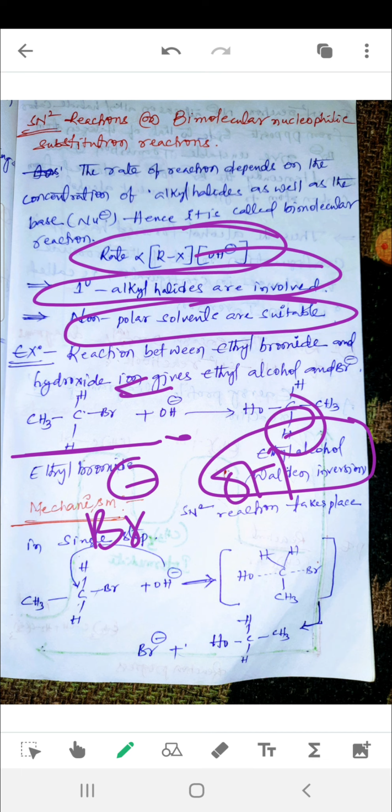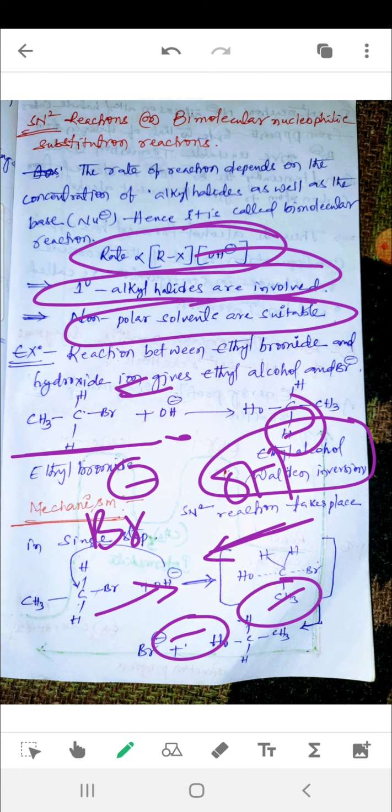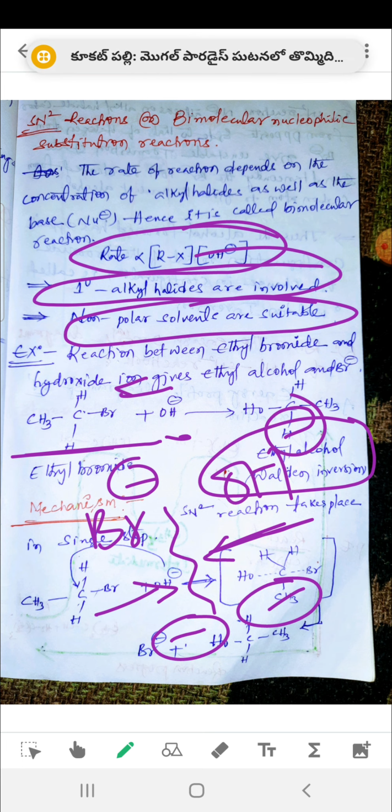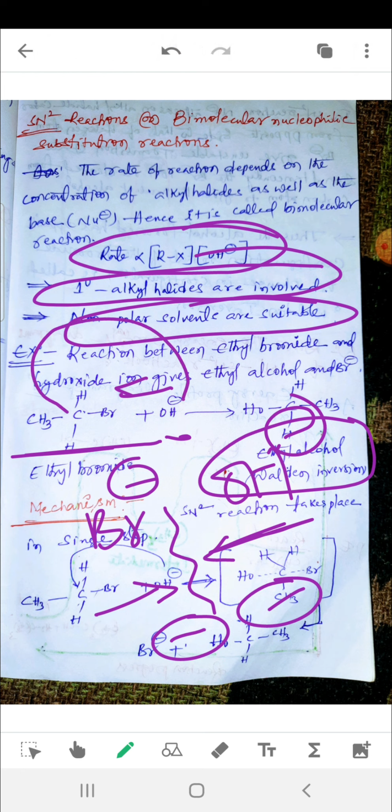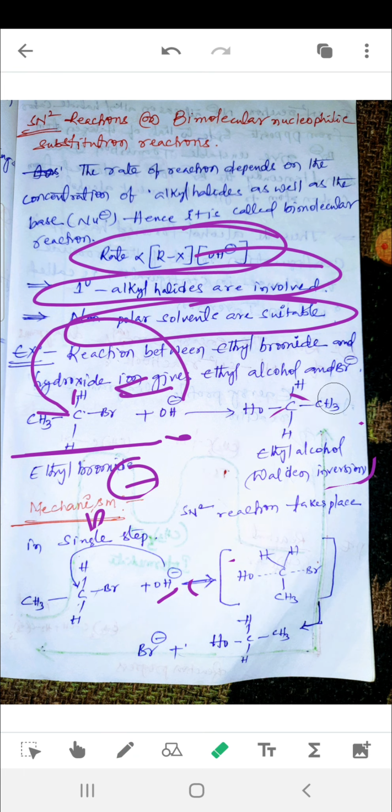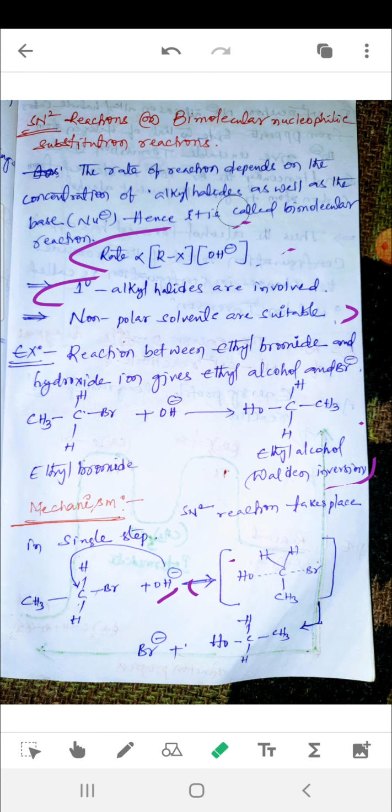When OH minus approaches the bromide ion, same charges repel, and the compound is not formed in this situation. So the OH attacks from the opposite direction, and the Walden inversion compound is formed. That is the key point to remember.